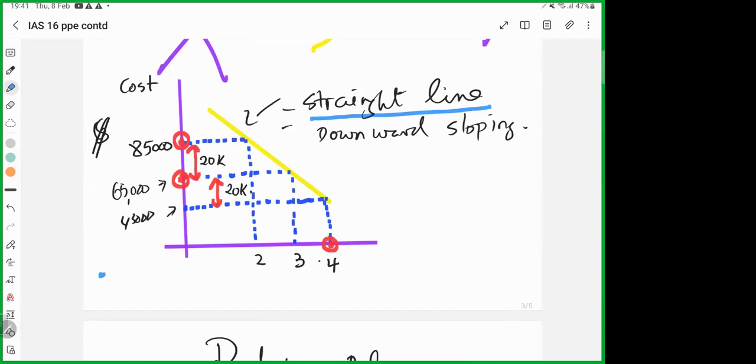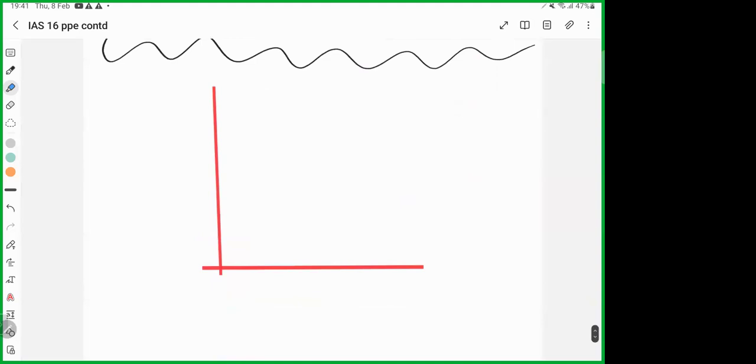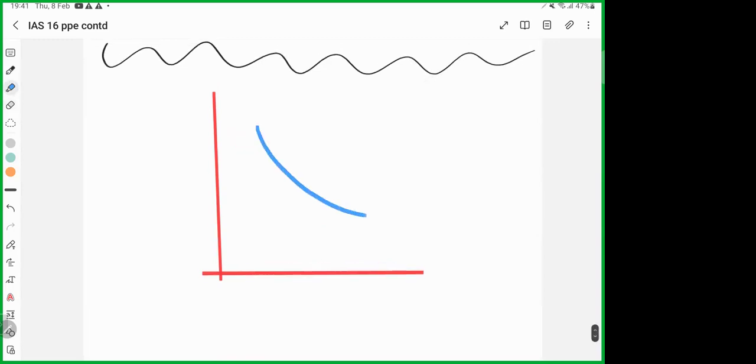But here, it cannot be a straight line. It will be a curved line. You see that? Yes.